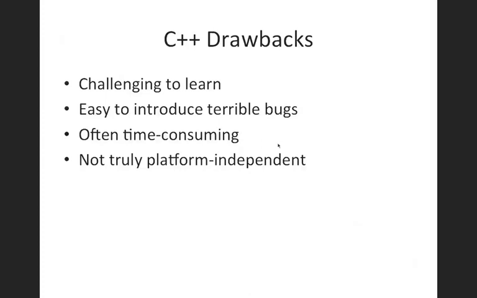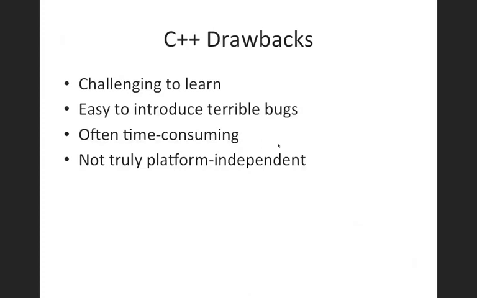It's often time consuming to write a C++ program. That's not necessarily the case, but in my experience, if you want to get something done, it's often quicker to use a slightly higher level language like Java or Python that does protect you from yourself more and gives you more facilities that are immediately easy to use.